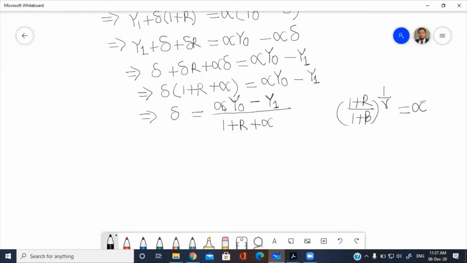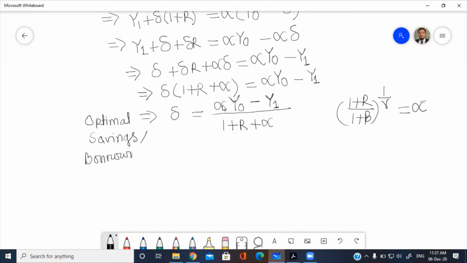readily available in your question. Okay, so what we have done here, we are just representing our savings in terms of this. It may not be the actual savings. Remember what we are doing here. It is the optimal savings or borrowing.